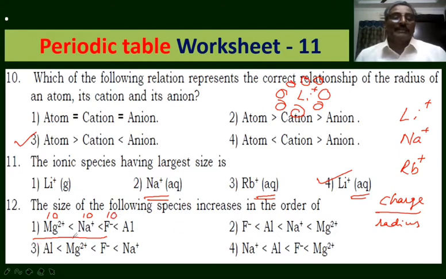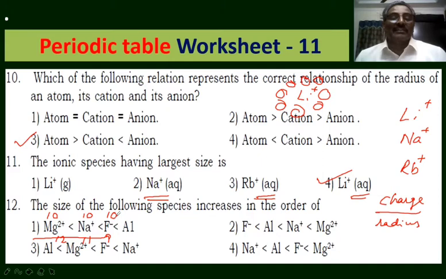When we move from magnesium to F- ion, the nuclear charge gradually decreases. The nuclear charge of magnesium is 12, of sodium is 11, and of fluorine is 9 only. Nuclear charge decreases, but they possess the same number of electrons.